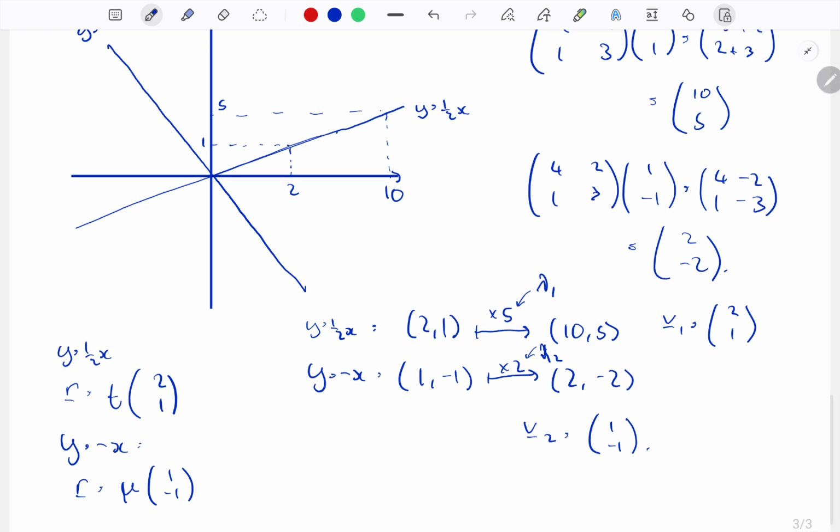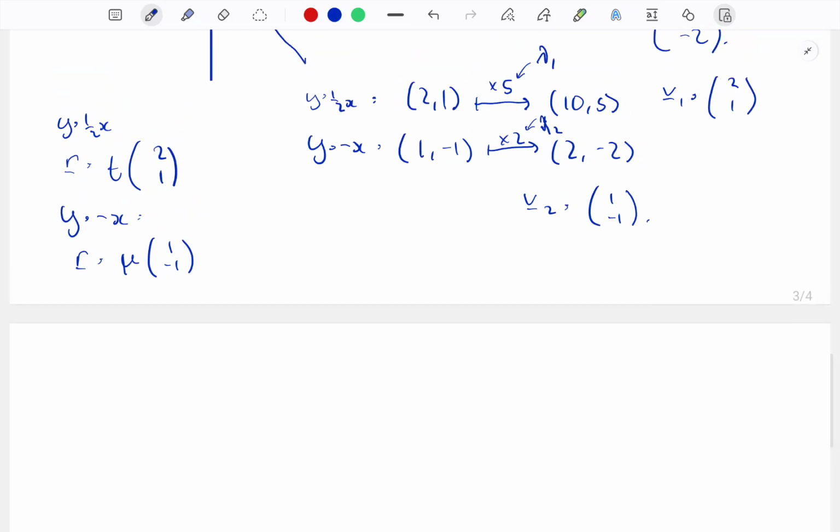And this is how eigenvalues and eigenvectors work. The eigenvector represents the invariant line, and the eigenvalue represents the scale factor by which the point on the original eigenvector will move after the matrix is applied.